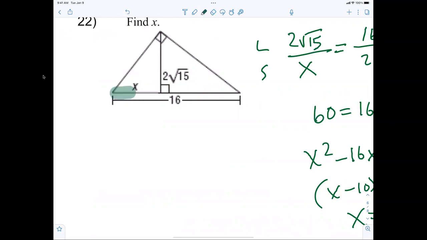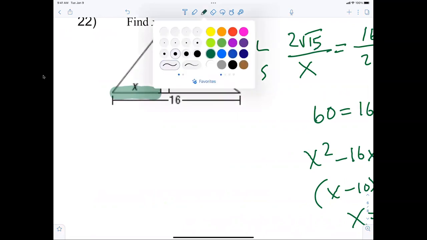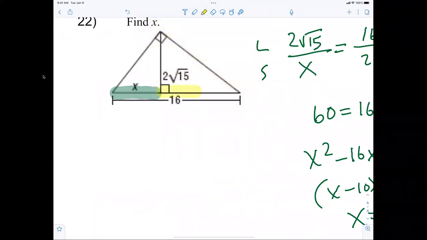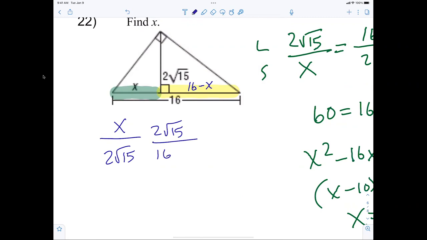If this is X, then what is this? 16 minus X. Short leg over long leg is equal to short leg over long leg.